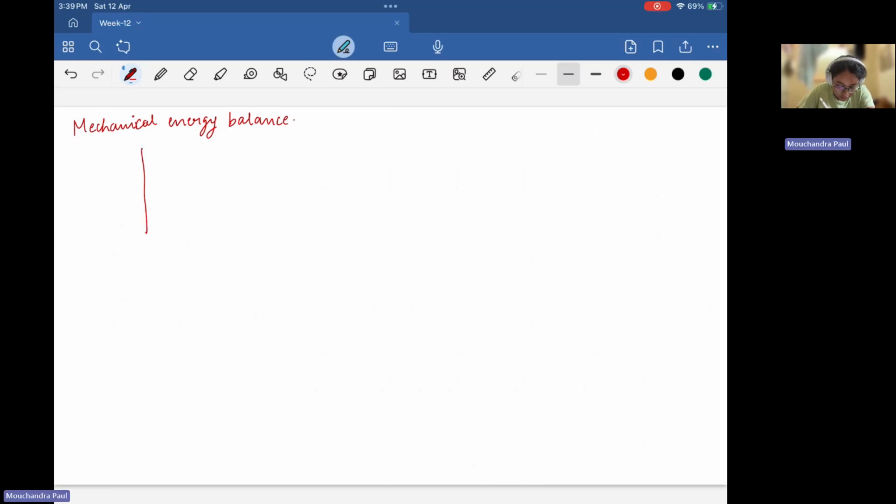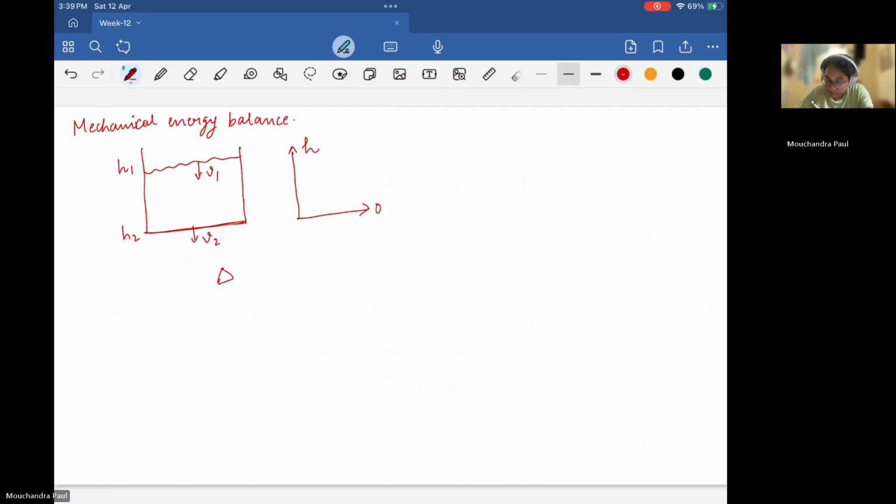So this is the tank, and let's say this is the water level. This is H1 height, this is H2 height. This is your axis. Let's say the bottom is 0. Here the water velocity is V1. The water is coming out from the bottom at the velocity V2.